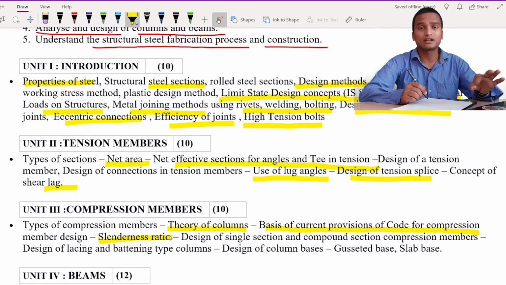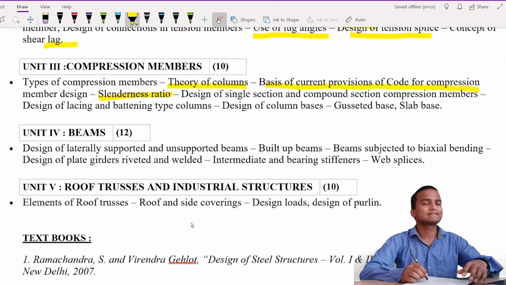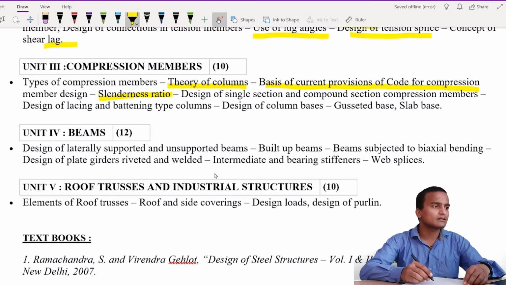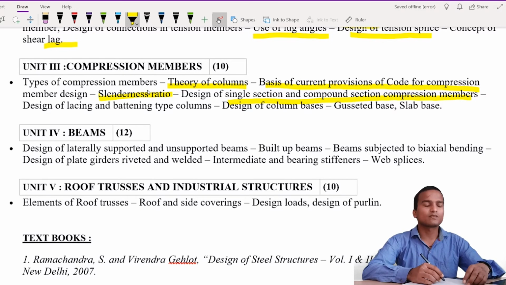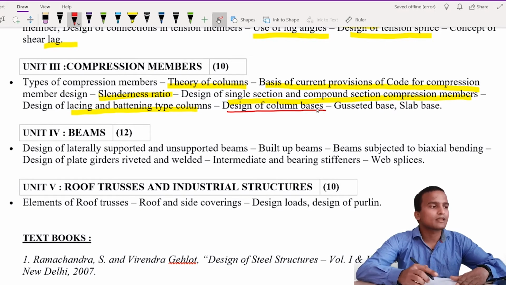This is very important, slenderness ratio in regard to buckling of columns. Then we will also learn the design of simple sections as well as compound sections in compression members. At the end we will discuss a special kind of column called laced columns and batten type columns. And finally we will discuss the design of column bases, the foundation of the column, which include the gusseted base and slab base.